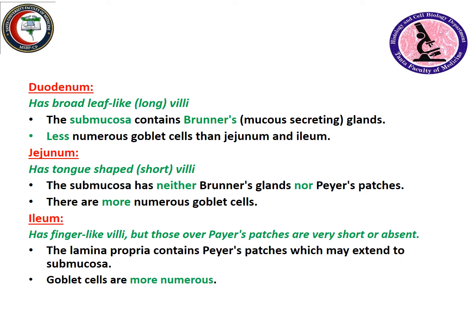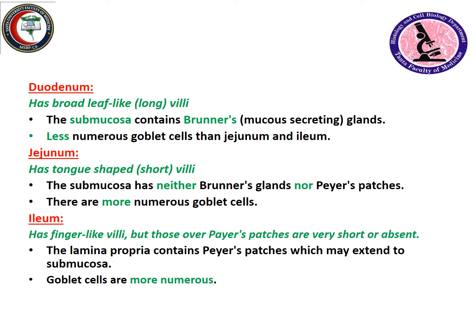For example, in the duodenum, the villus is broad and leaf-like, while in the jejunum, the villus is tongue-shaped and short. In the region of the ileum, the villus is finger-like and is absent over the region of the Peyer's patch.